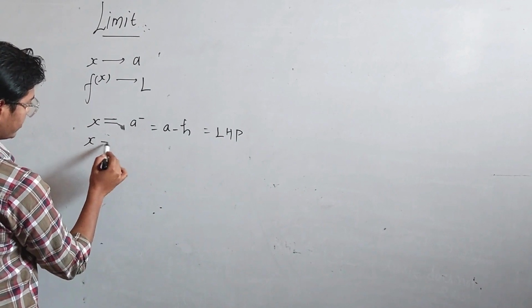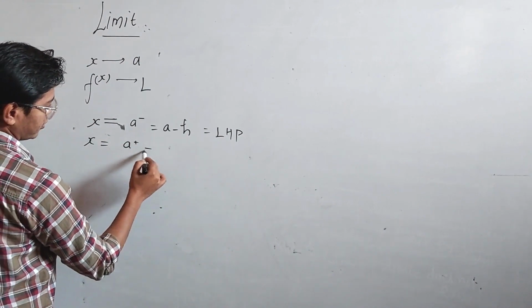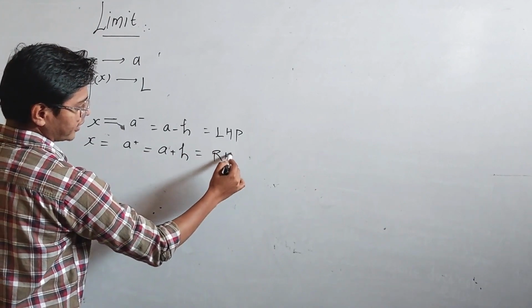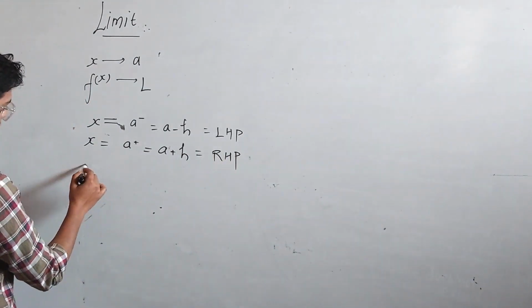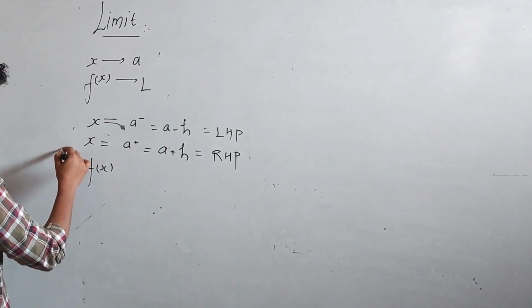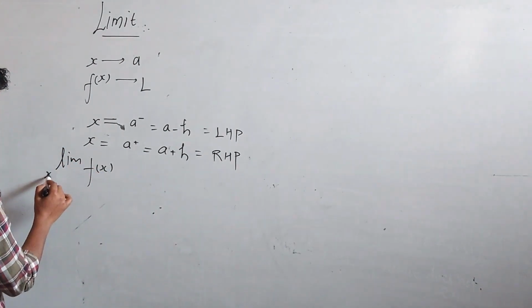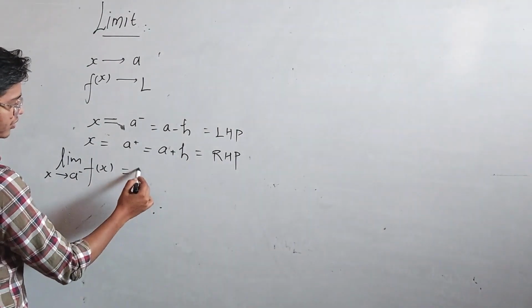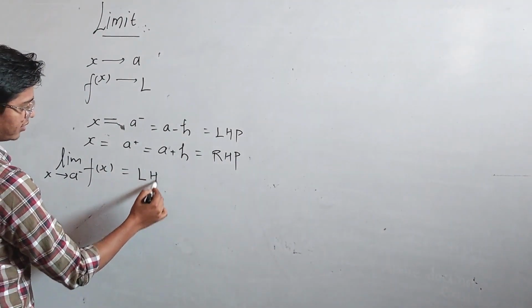And if x is equal to a plus h, that is the right hand point. The value of function when x is tending to a minus h is defined as the left hand limit.